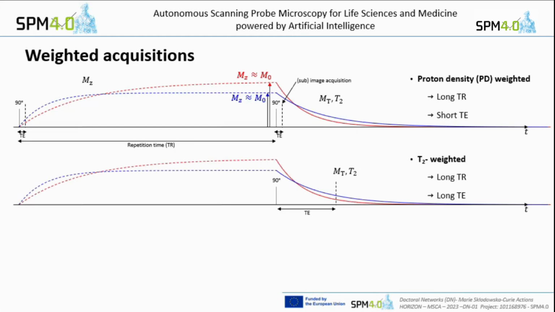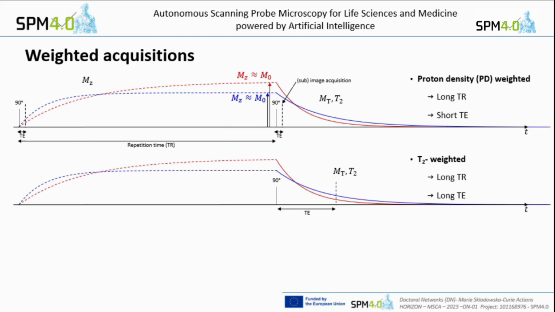Okay, the second one is the T2 weighted image contrast. The left part is the same. You fully recover the M0 magnetization, but then we wait for a longer TE time. So between the 90-degree flip and the acquisition, we spend more time. What happens this time is that the T2 relaxation slowly decreases our transversal magnetization.